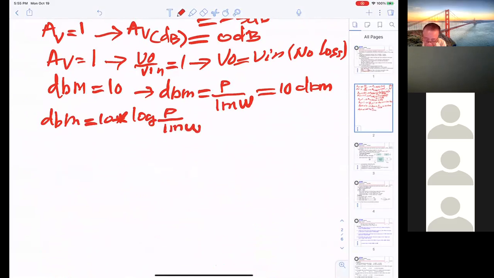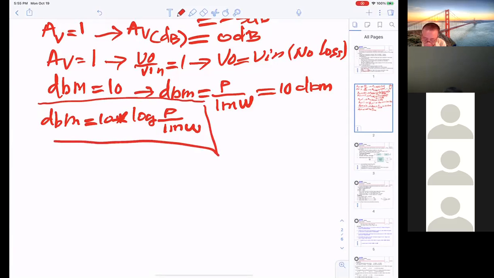This is the formula you must use to convert it. Okay, dBm will be 10 times log of P over 1 milliwatt.